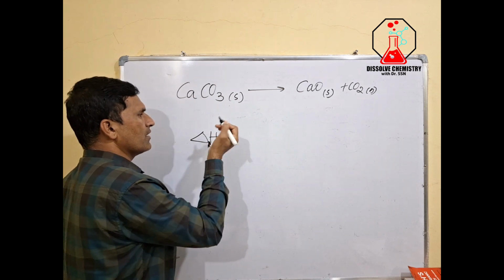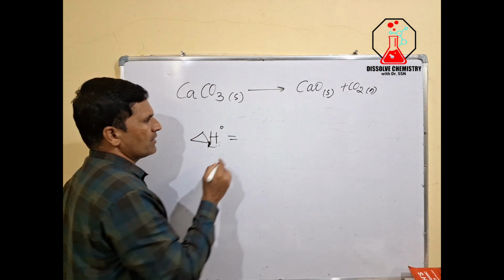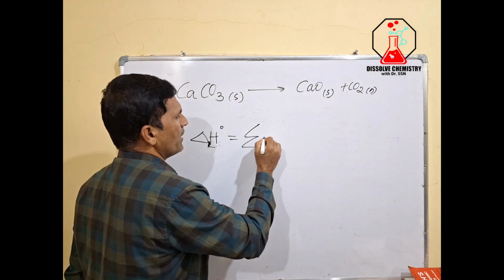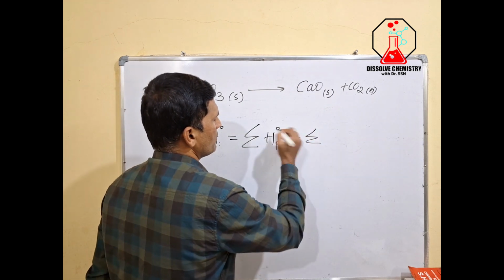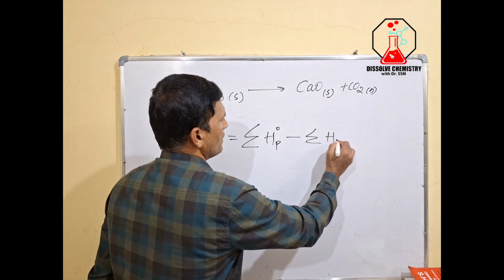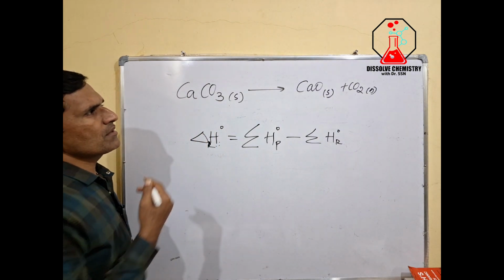For standard conditions, we take the standard enthalpy of this reaction, which is equal to the summation of enthalpies of the products minus the summation of enthalpies of the reactants. So what are the enthalpies of the products?